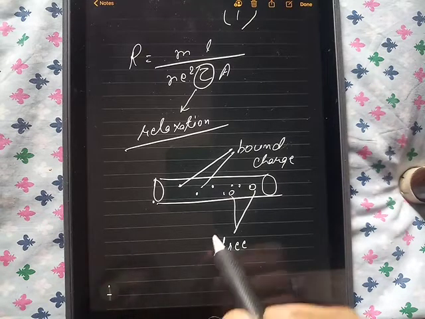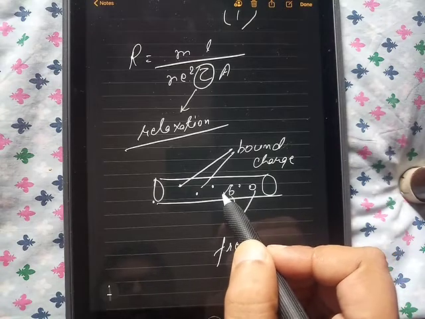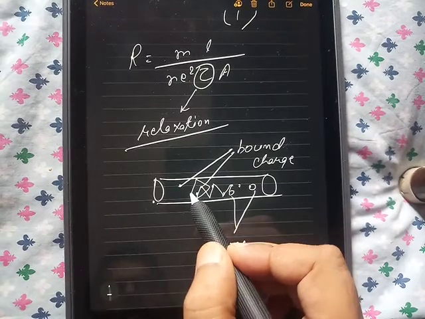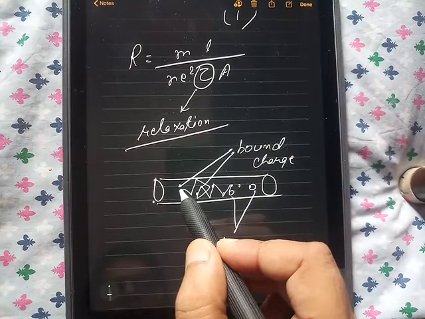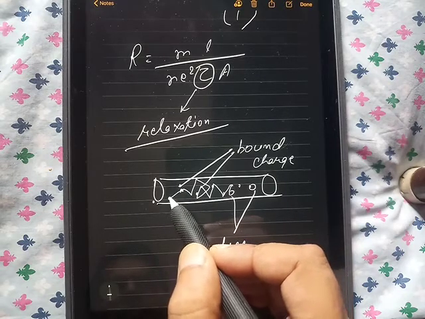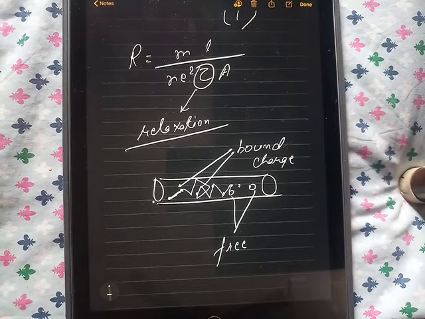These free charges will not go straight, but will collide with different charges. The time between two successive collisions is called relaxation time. We can also say that the electron relaxes itself between two collisions, called relaxation time.